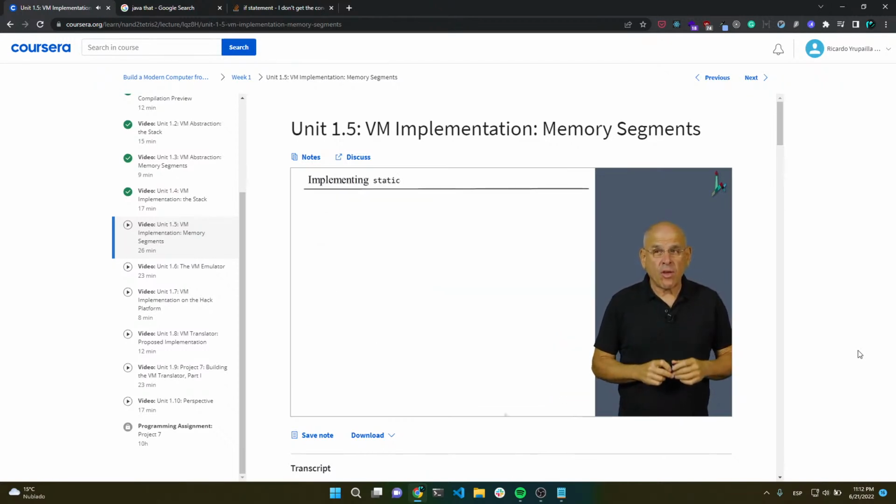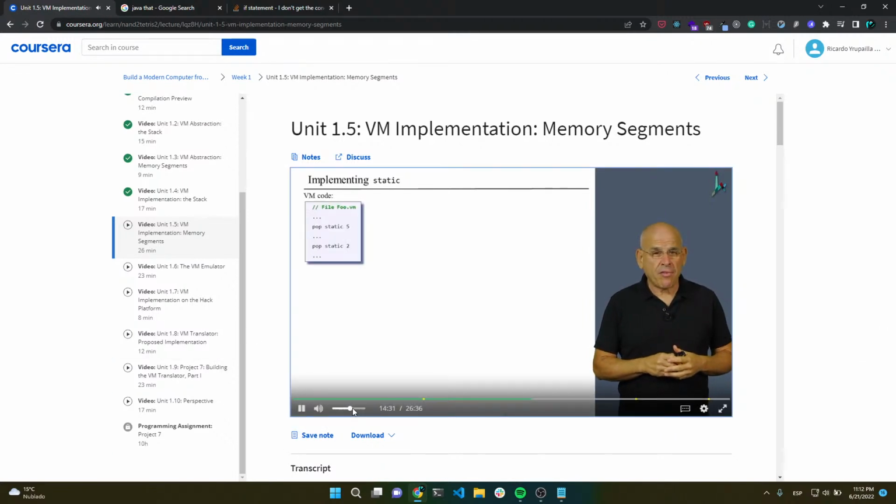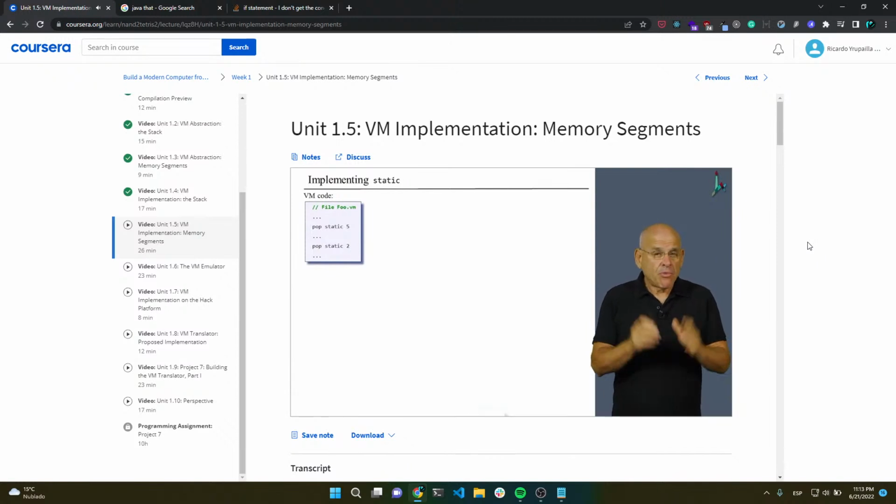So here is how we're going to implement static variables. Well, we start with some example of VM code in which static variables come into play in the context of pop instructions. Now, let us remember what static variables are all about.